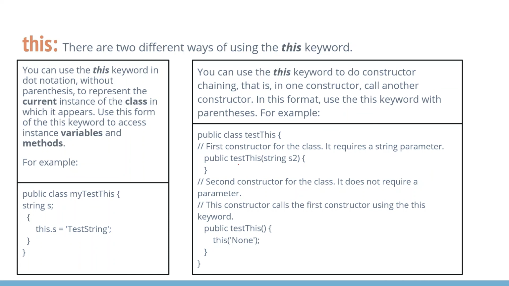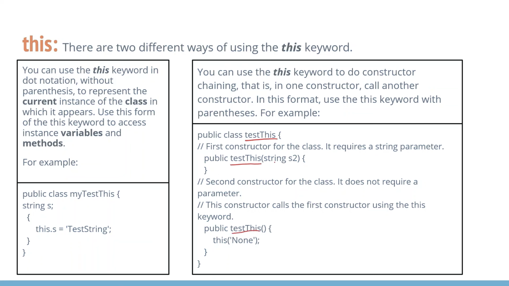You can use the this keyword to do constructor chaining, that is, in one constructor call another constructor. In this format, use the this keyword with parentheses. For example, we have a TestThis class, then we have one constructor, and then we have another constructor.